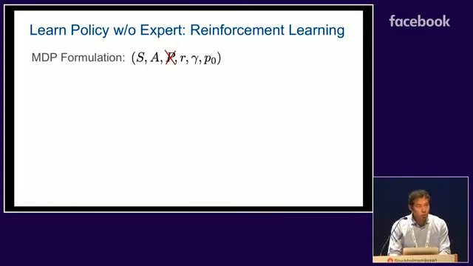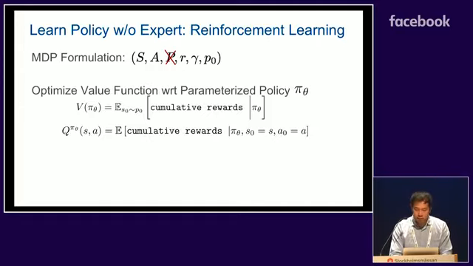Often, though, we don't really know the dynamics model P, but we can interact with the environment. And one popular way to learn a policy is to use model-free reinforcement learning. And there are many, many methods that exist. I'll just mention one here, where we parameterize our policy by a set of weights, theta, such as a neural net. And then we try to optimize for the value function by taking the gradient with respect to theta.